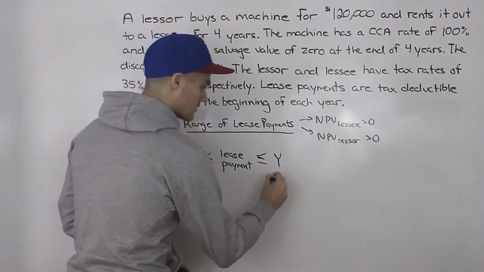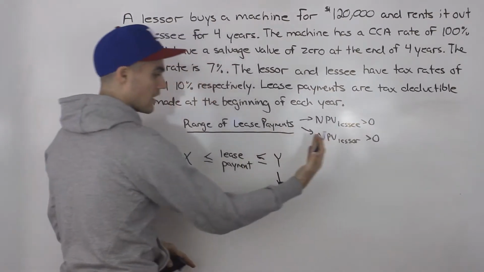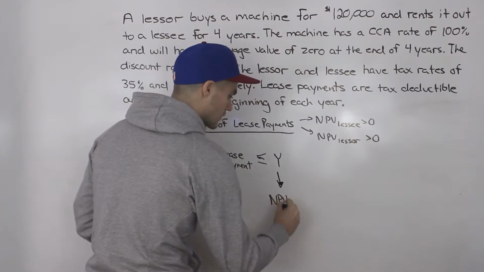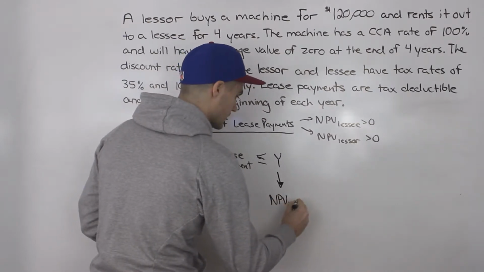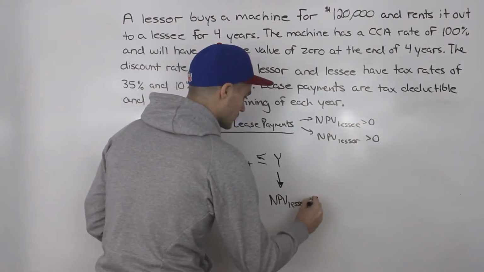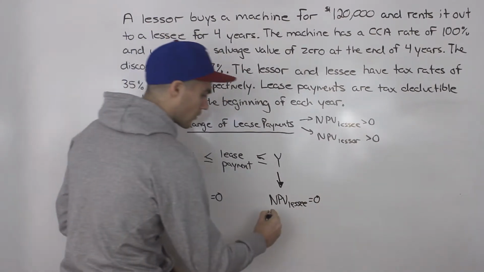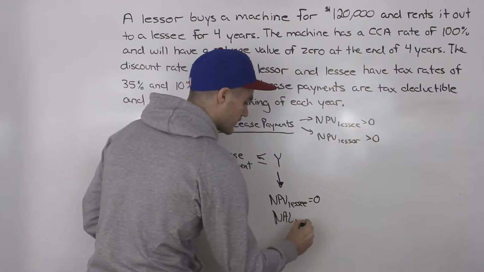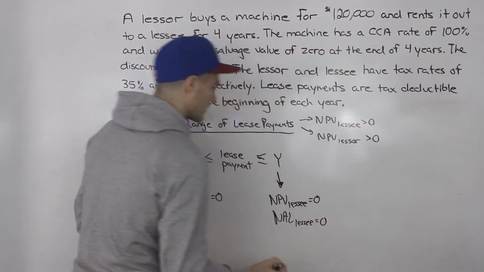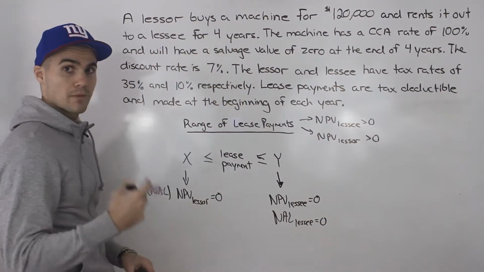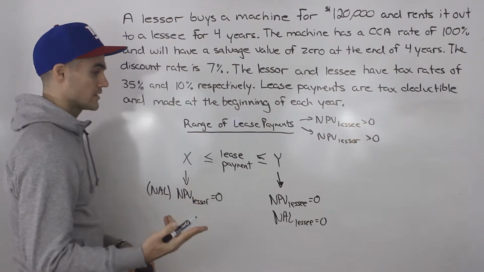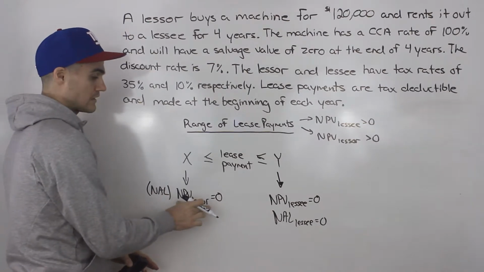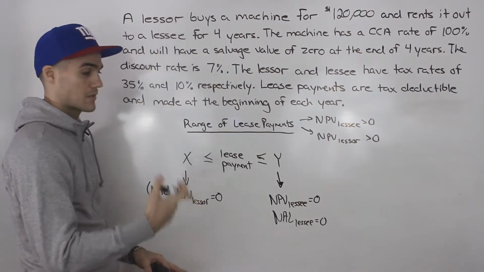And then this here, this payment, the upper end of that range, is going to be when the NPV for the lessee is equal to 0, the break-even payment, or when the net advantage to leasing for the lessee is going to equal 0. So in part A, we're basically going to have to make two calculations. We're going to have to find the break-even lease payment for the lessor and the break-even payment for the lessee.